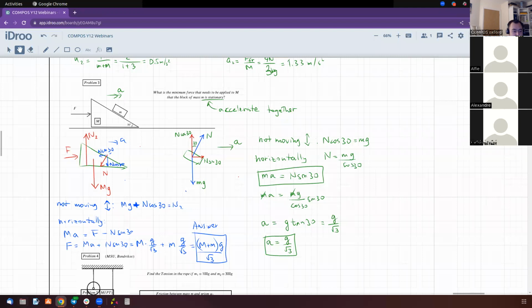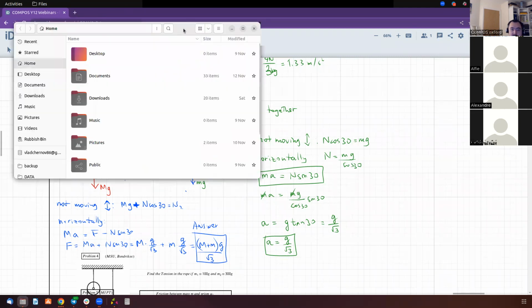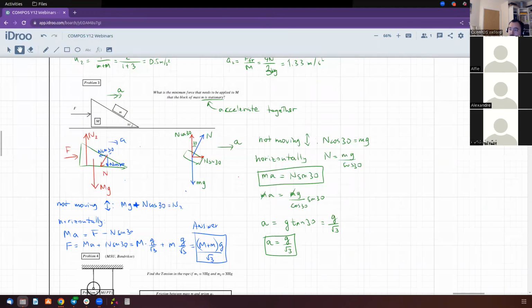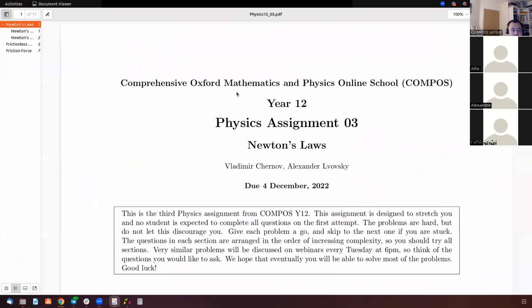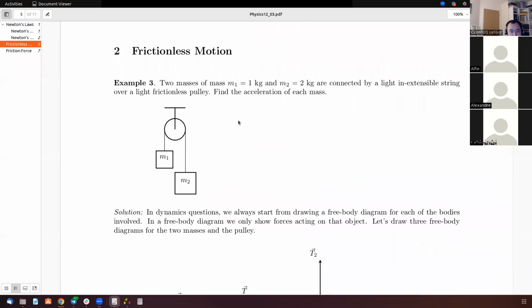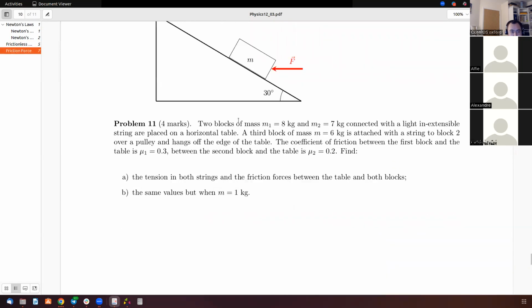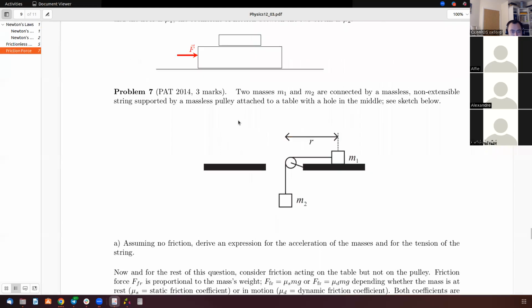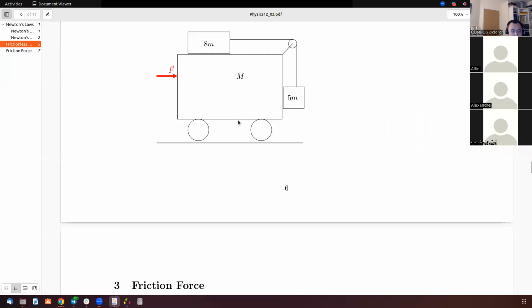In the assignment, you have the problem about the trolley.